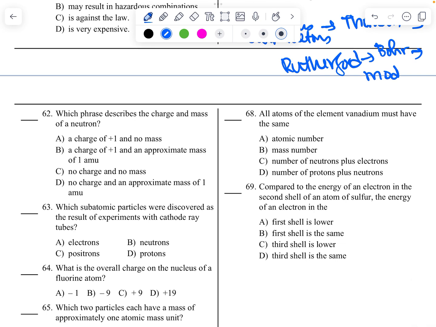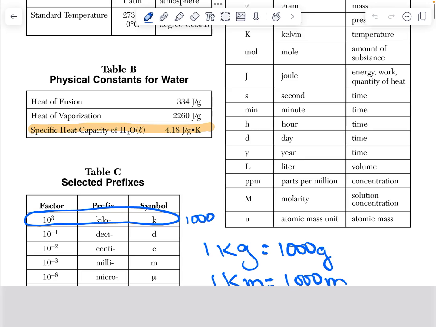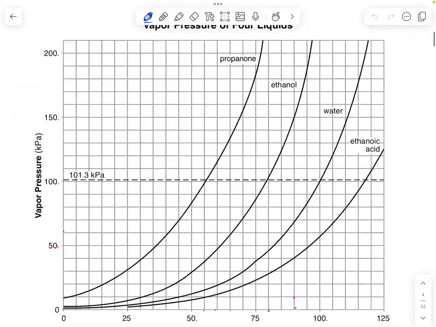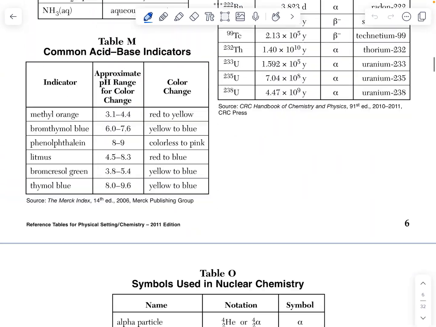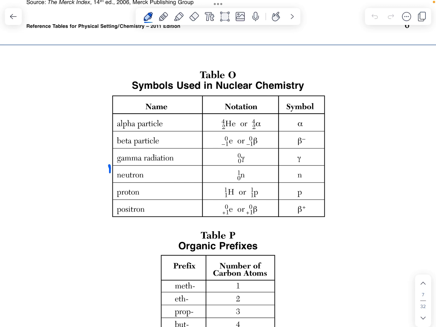Which explains or describes the charge and mass of a neutron? So if we go to the reference table, here. This is the mass, this is the number of protons, and then there's our symbol.